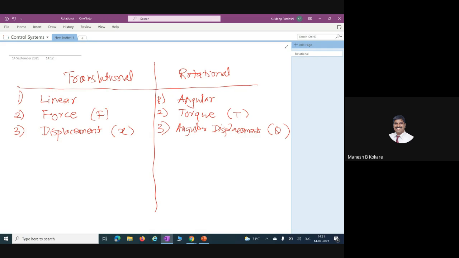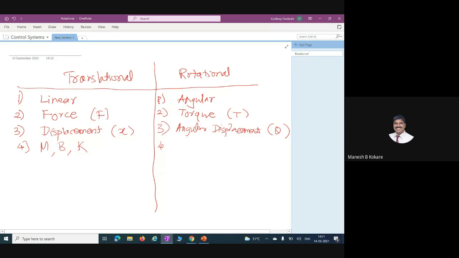So you know that in case of a translational mechanical system, mass element is there, dashpot element is there, which has coefficient B, and spring has coefficient K. So M is the mass coefficient, B is the dashpot coefficient, and K is the spring coefficient.